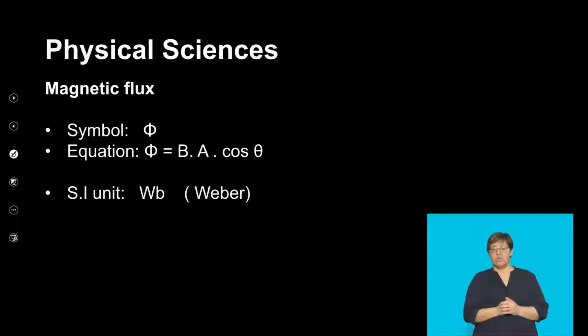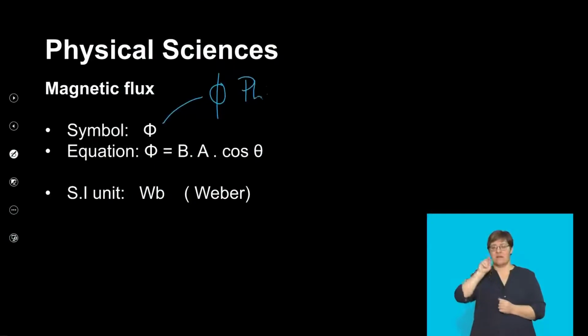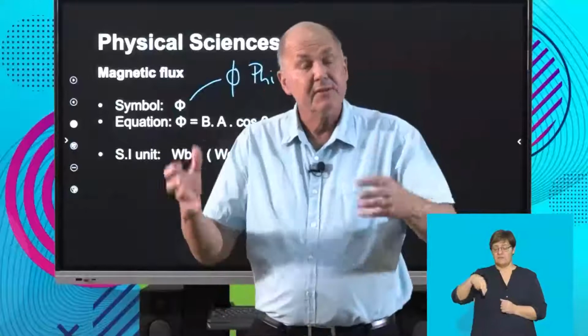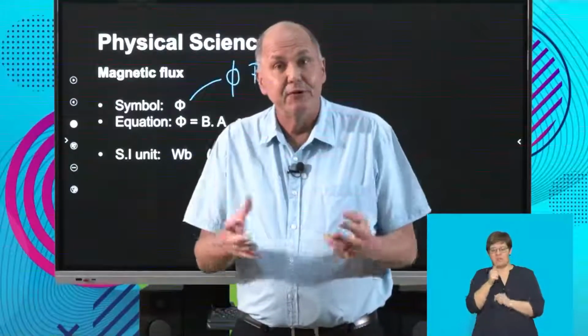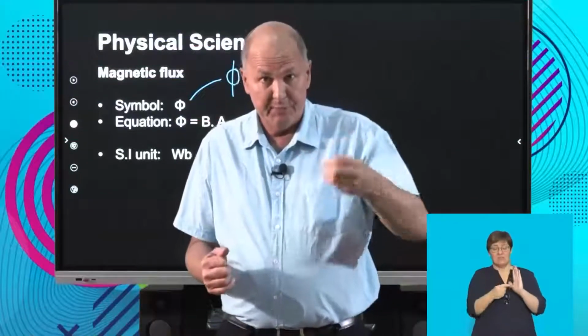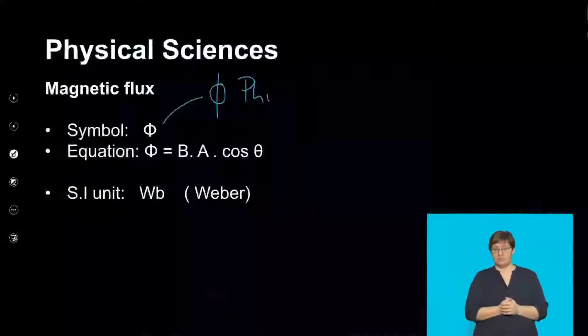Magnetic flux has an interesting symbol. It's this strange looking Greek letter, which is called phi. You might have heard of pi. This is phi. Quite similar, but just a different shape. And you need to be able to recognize how to draw it and to make it clear.